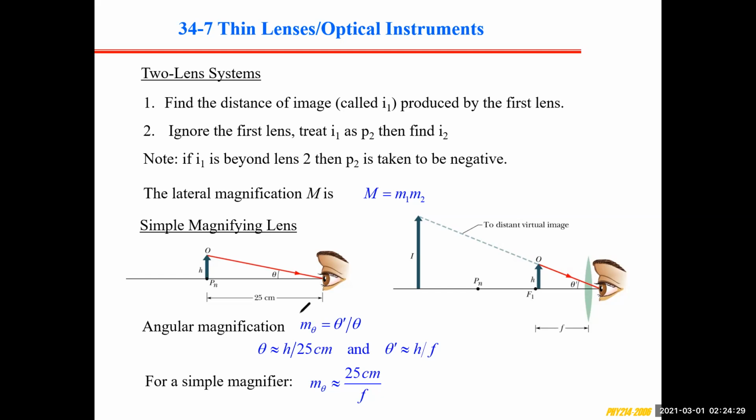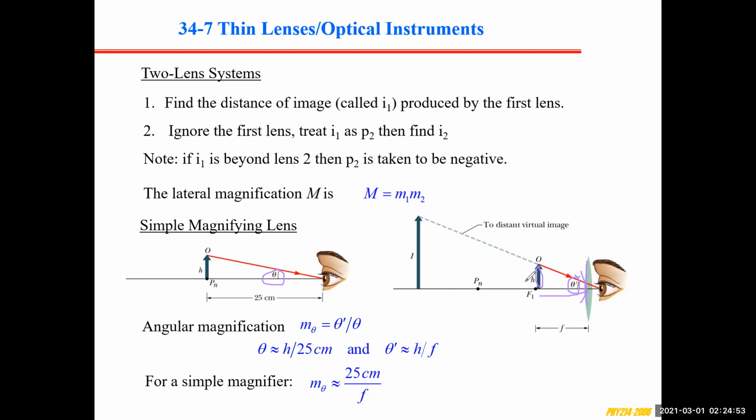We can use this equation. This is called the angular magnification, which is theta prime over theta. How do we calculate your theta prime? Your theta prime is basically the object height over the focal length of this lens, so it's h over f.